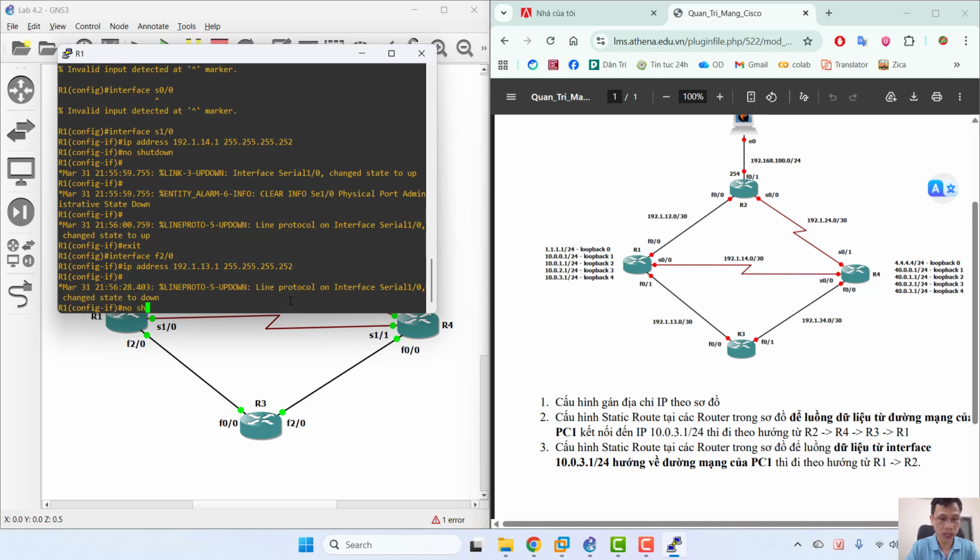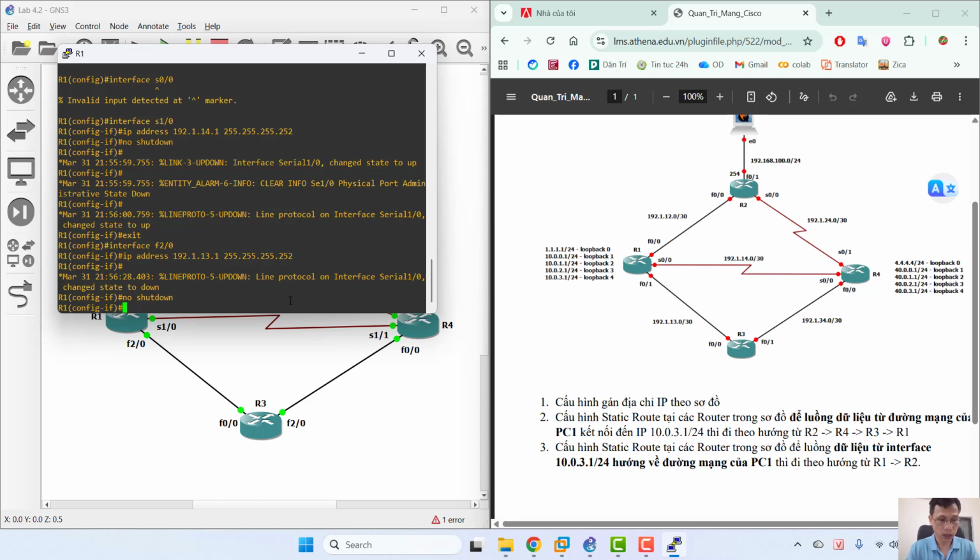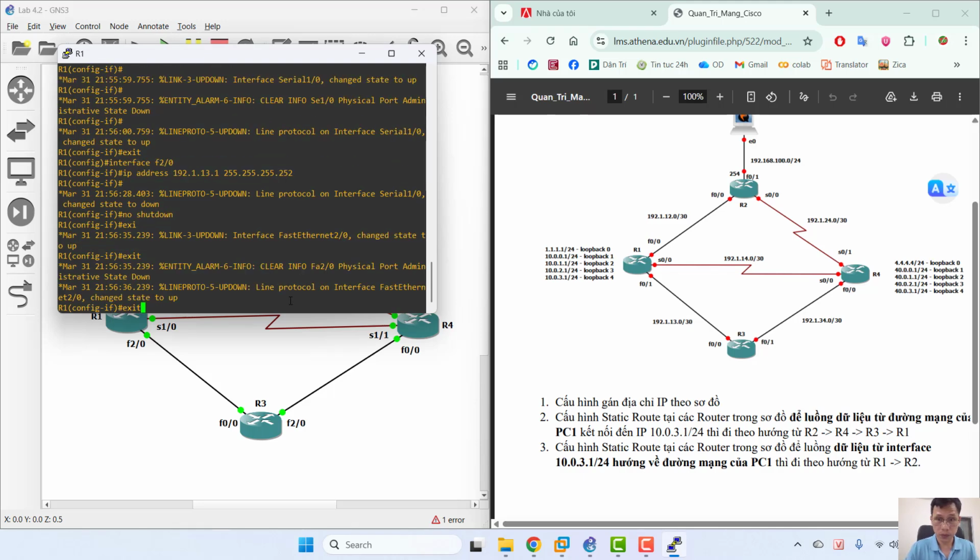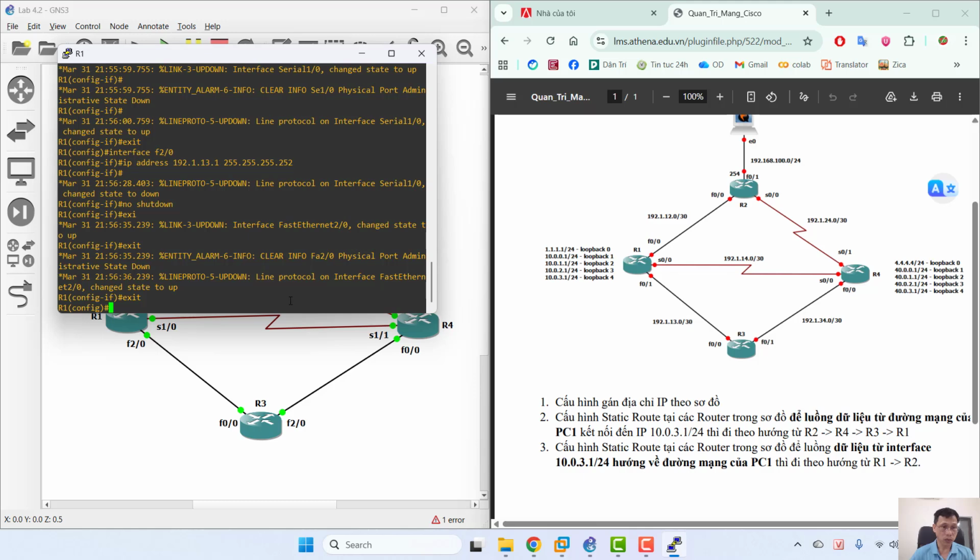Enter. No shutdown. Okay, I have three ports.